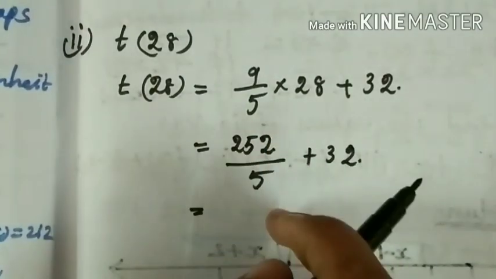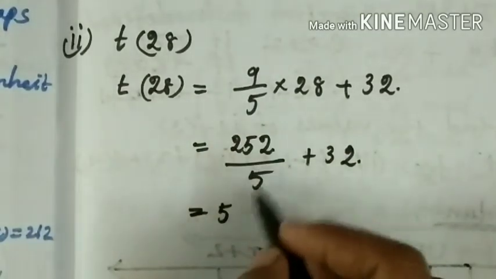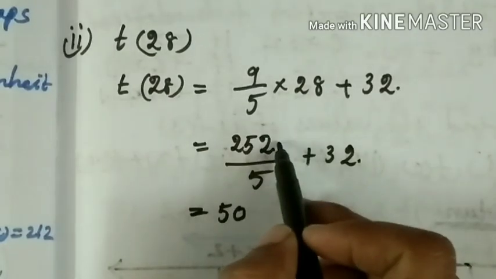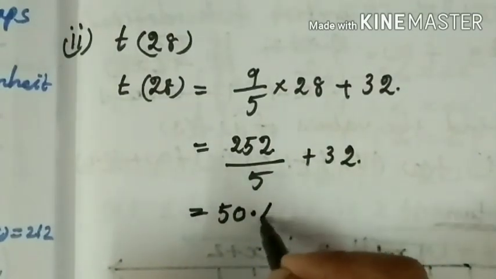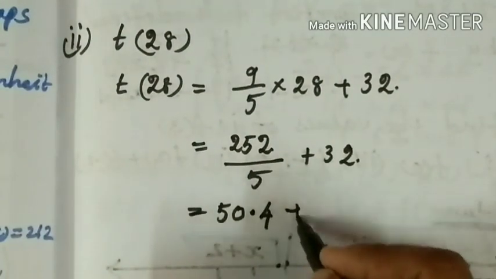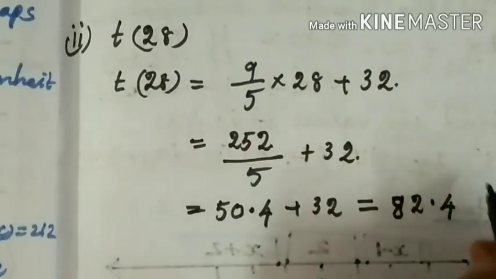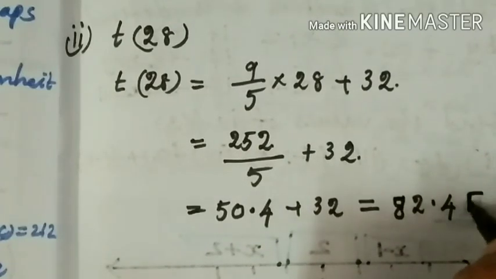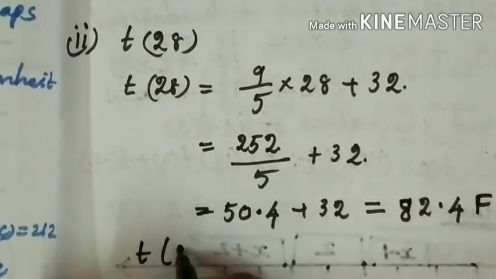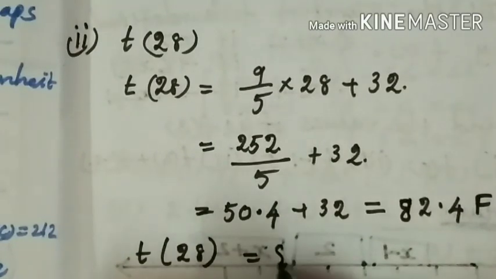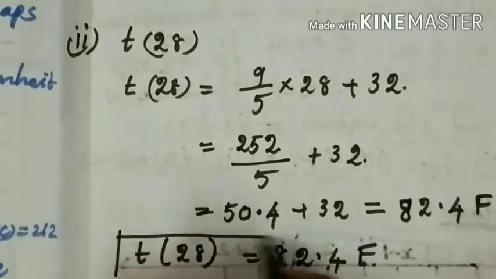Now you divide this, you get 5 5s are 25, then 0.4, 5 4s are 20, 50.4 plus 32. Then the answer is 82.4 degree Fahrenheit. Therefore, the value of t of 28 equal to 82.4 degree Fahrenheit.